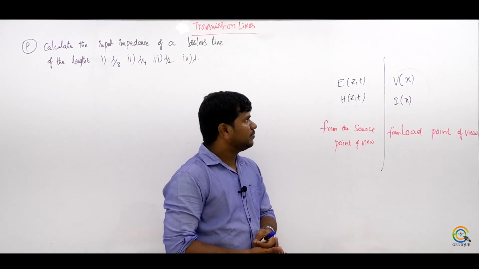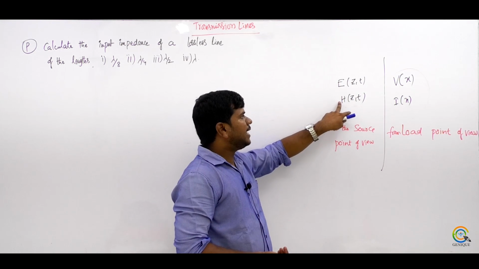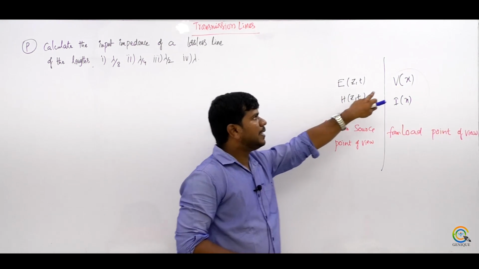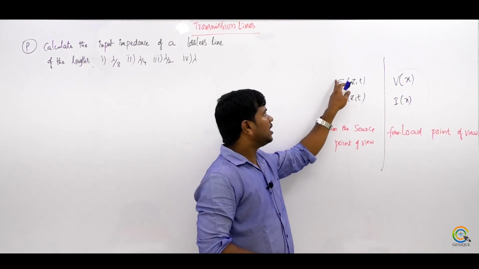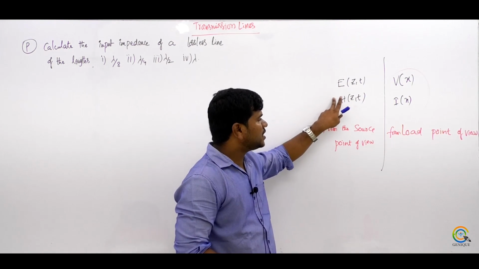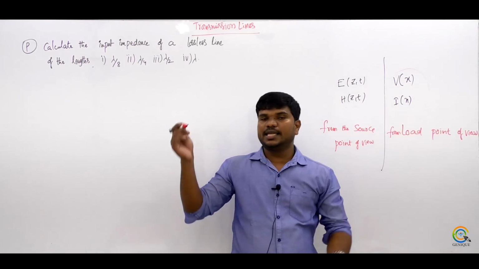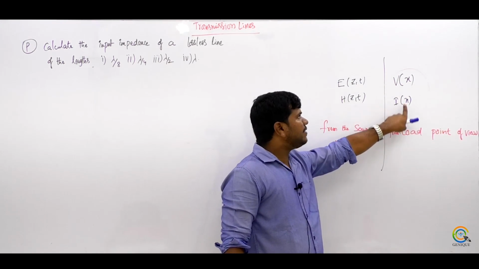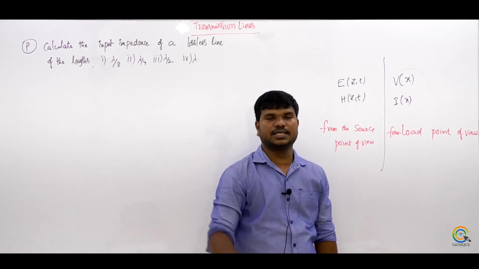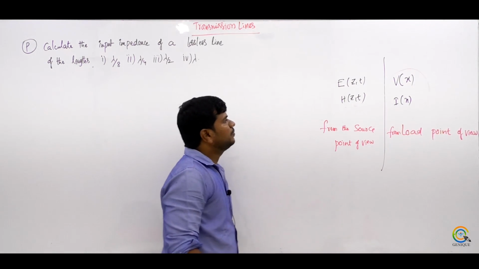As we are getting the E of Z comma T and H of Z comma T, we will also be getting the V of X and I of X. These are the EM waves, EH waves; these are also called VI waves. The EM waves will be possible in the general medium, but VI waves will be possible only in conductors.